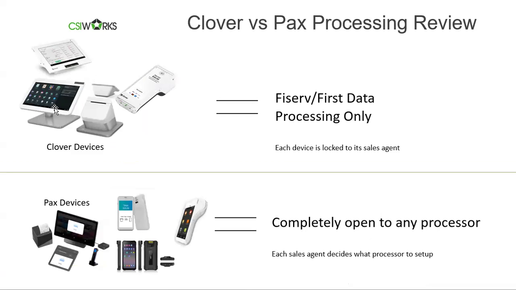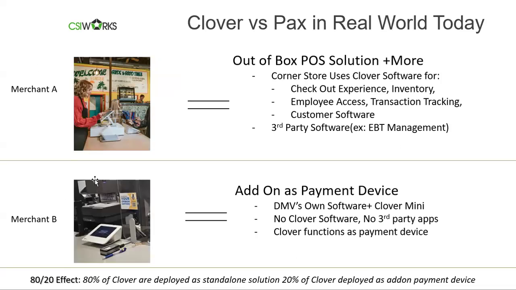They have the Mini, the Station, and the Flex. The combination of these devices with some accessories can be utilized as a standalone solution, and most of the time, that is exactly how it's utilized, 80% of the time. Only 20% of Clover devices are deployed as an add-on payment device, as in the example with the DMV.